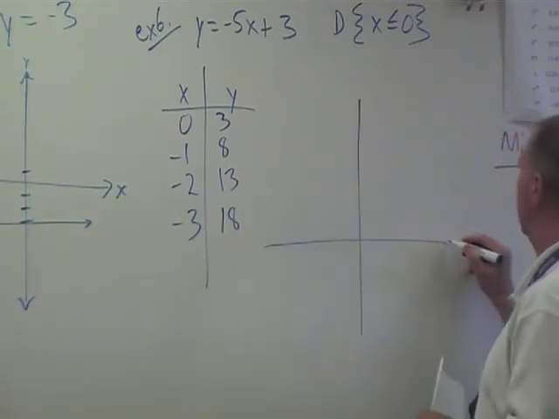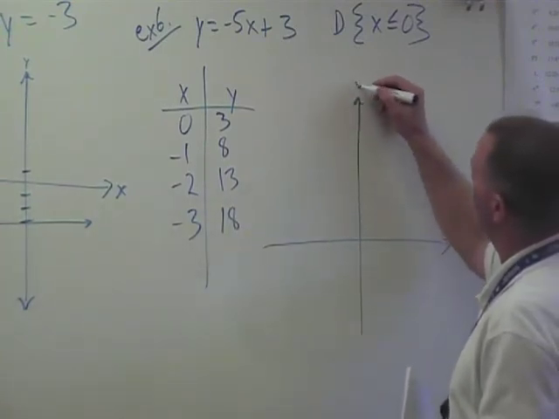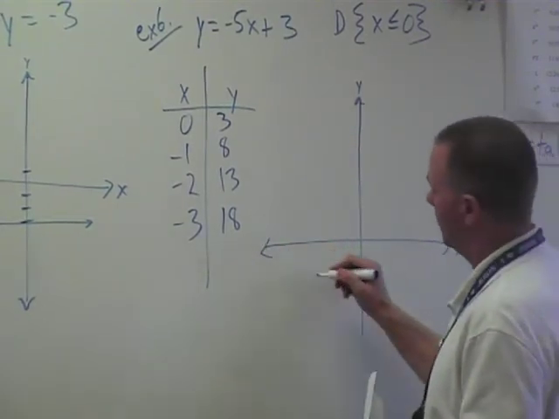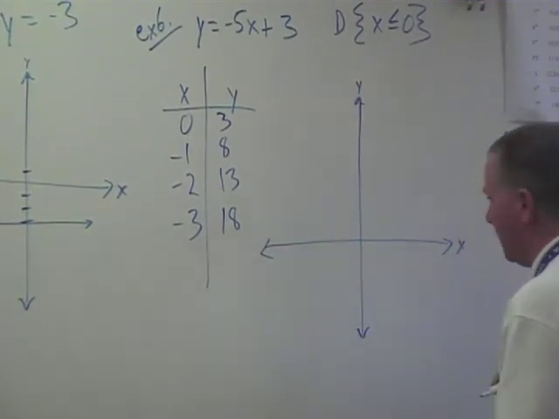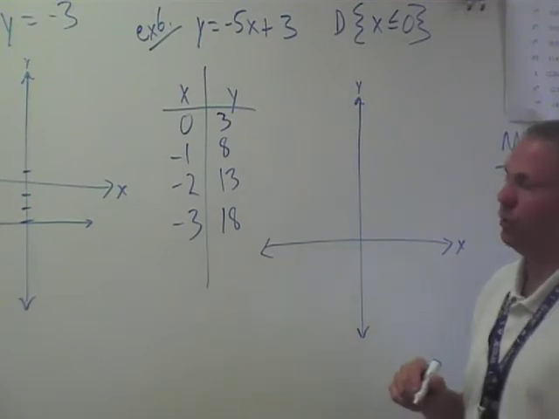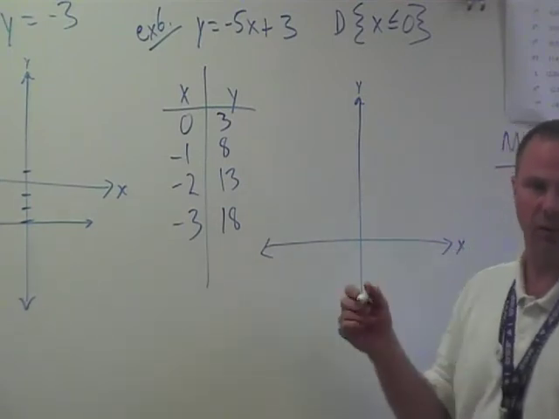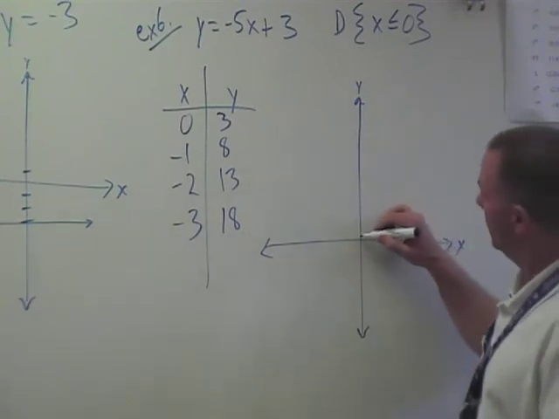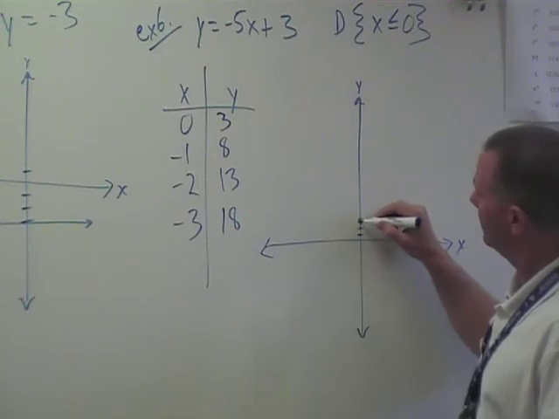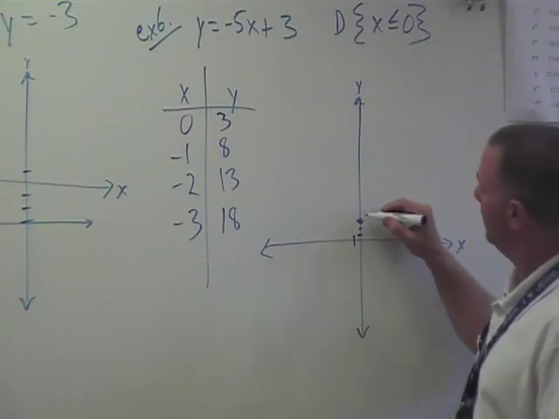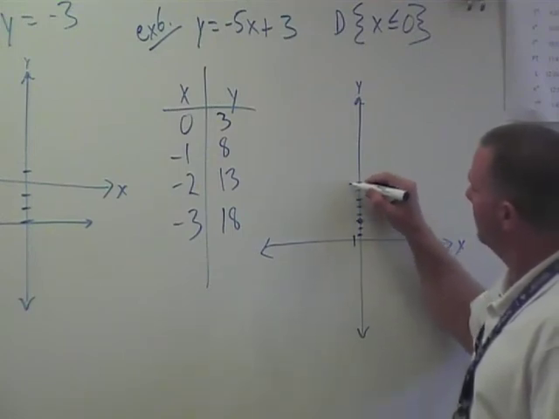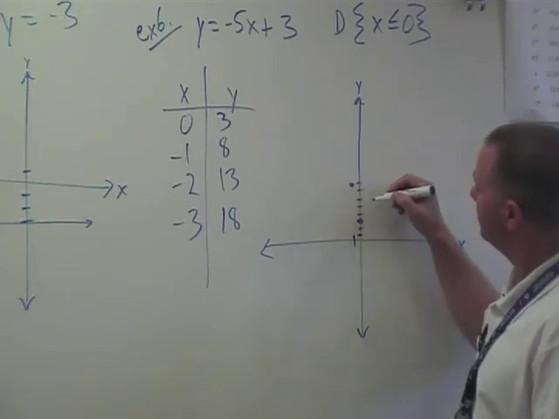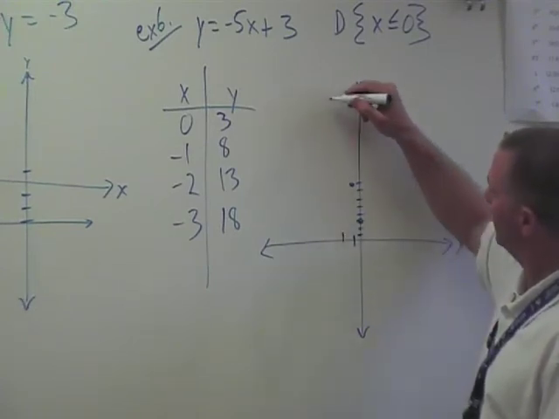Graph those, and on your graph paper, it doesn't go up past 10. You can go by 2s if you want, or you can go by 1s. At x = 0, y = 3, right here. At -1, 8 is right there. And then at -2, 13, that's all up there.